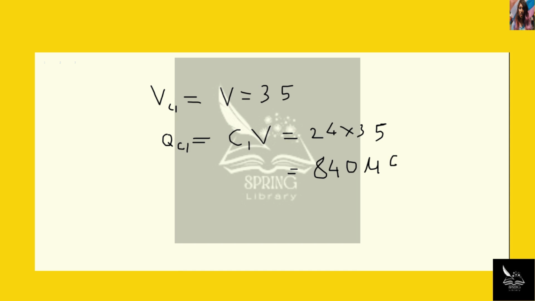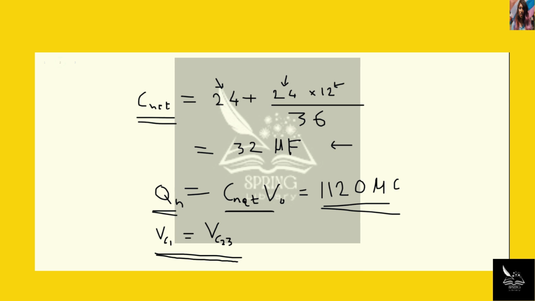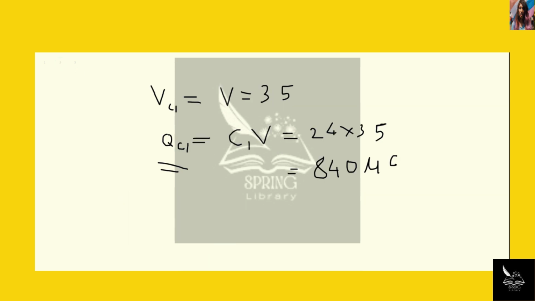And if QC1 charge is deposited across C1, the remaining charge of this Q net is deposited on the system of C2 and C3.